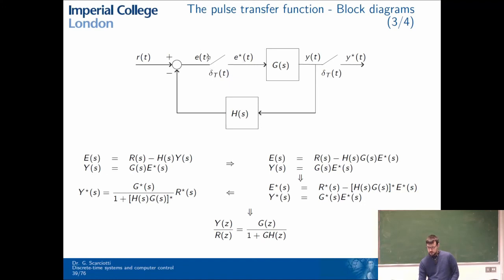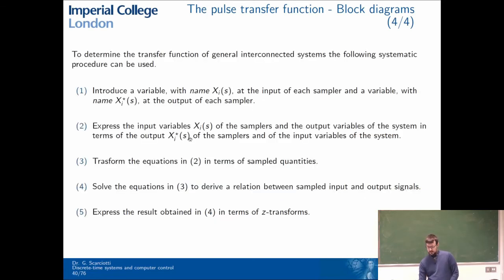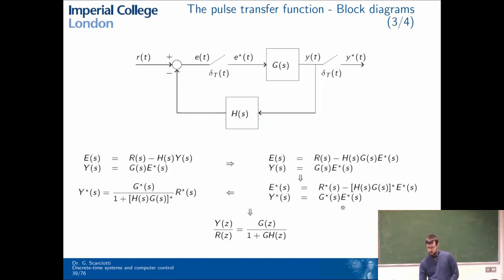And here, we write the variable just before the sampler, e of s, as a function of r of s and what is before the block, so y of s, and we get this expression here. Then the next step is to transform this equation into the starred version, so we obtain this expression over here.